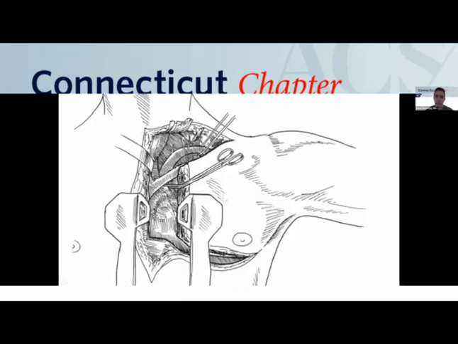In patients that you've already opened up the chest, let's say that they've lost vitals in the ED, you've done an ED thoracotomy. The other exposure technique is to do what's called a trapdoor thoracotomy. And so they already have their left chest open. You would then extend for a median sternotomy and then do a relaxing incision for supraclavicular. So even though it's called a trapdoor, that's fairly a misnomer.